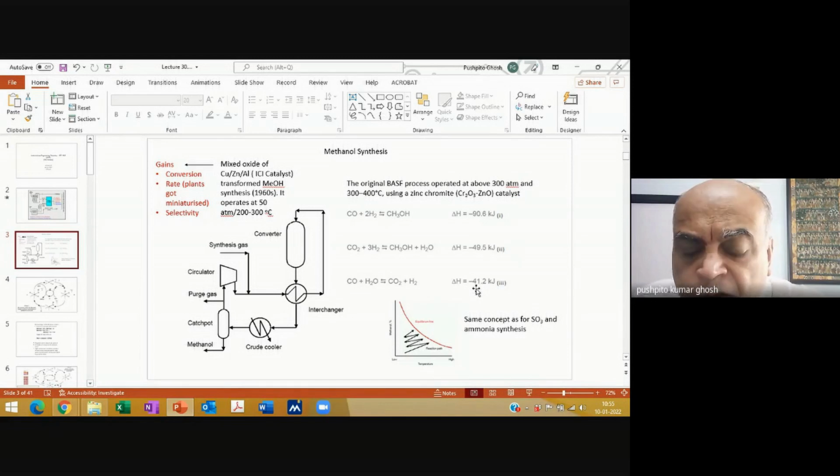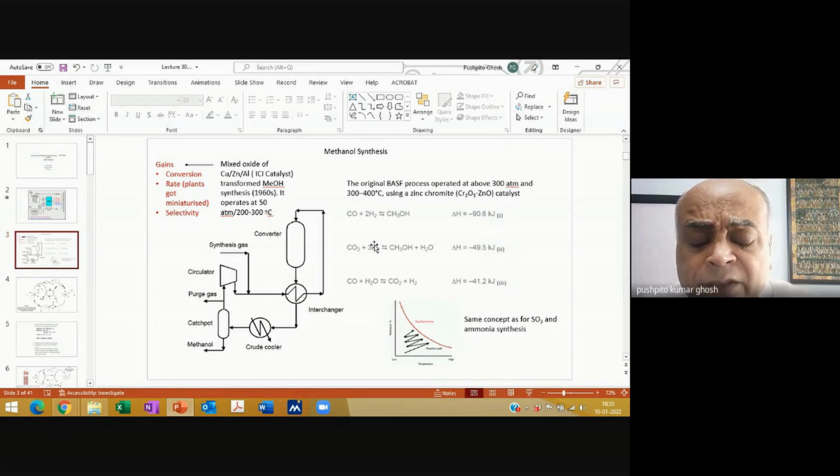So it was very logical for them to extend the concepts that we have learned, for example, in the sulfuric acid process or even in the ammonia process, because that's also exothermic: how you run it adiabatically, then cool it, again do the next stage adiabatic reaction and continue. So they basically adopted very similar chemistry and they were able to produce methanol.